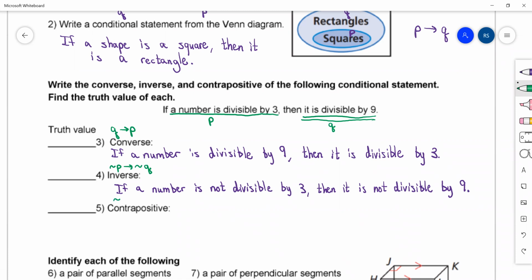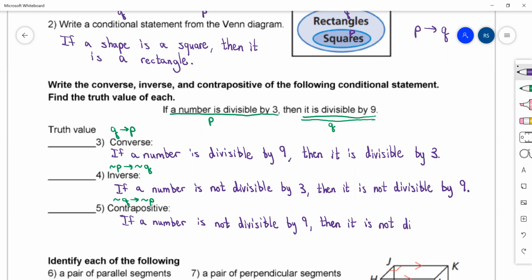So if not Q, then not P. So we got to switch it and say no. So if a number is not divisible by 9, then it is not divisible by 3.